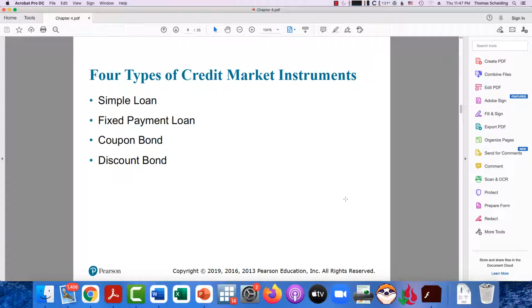Discount bonds are bonds that are sold for less than their face value, basically sold at a discount in order to reflect the fact that the interest rate being paid for the bond is something different than the current interest rate.